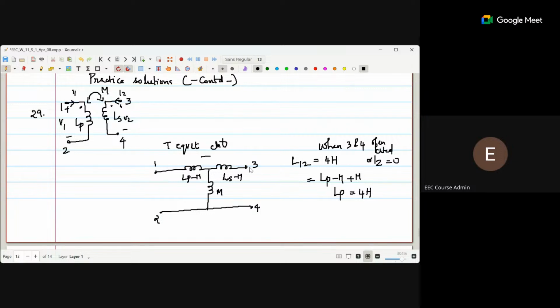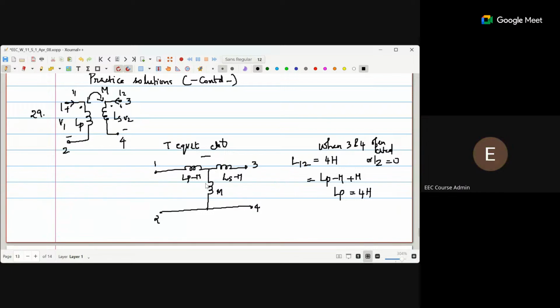When the 3 and 4 terminals are open circuited, this secondary current I2 will be 0. That means there will not be any current flowing through this LS minus M. Then this and this added will give you the L1. Remember what has been discussed in the lecture for deriving this, L1 minus M, L2 minus M, correct?